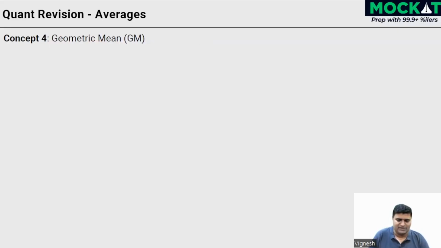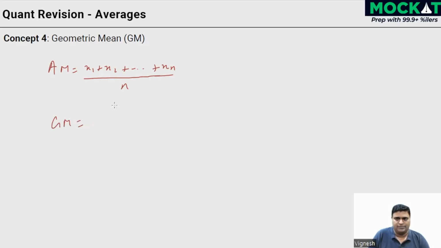Right. So let's understand geometric mean prior to that. Arithmetic mean over here was defined as x1 plus x2 and so on till xn divided by number of terms. Sum of everything into 1 by n. Look at it that way, right?